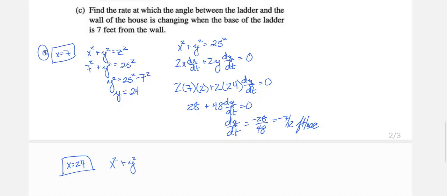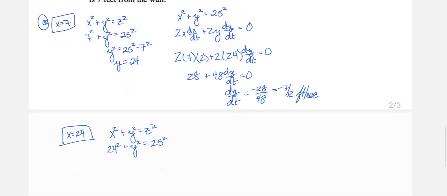X squared plus y squared is equal to z squared. Now my x is 24. Z, that's the length of the ladder, still 25. So y squared equals 25 squared minus 24 squared. So y is going to be equal to the square root of 49, which is 7.